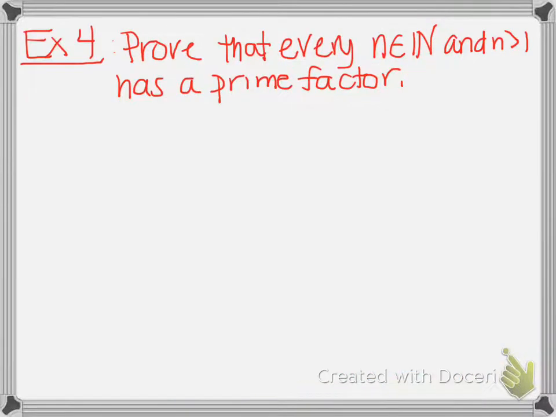Now we're going to go back to the proof we did in class using induction. This time we're going to use the well ordering principle. The well ordering principle is a fact given to us, that every non-empty subset of the naturals has a smallest element.